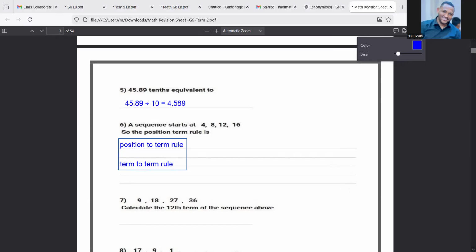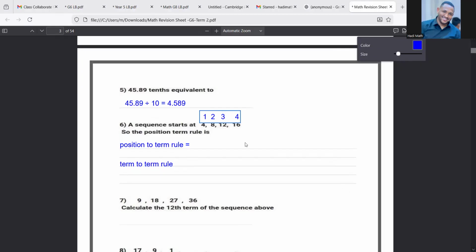When they ask you for the position to term rule, I just want you to act in a very smart way. Go here and number the terms: 1, 2, 3, 4.